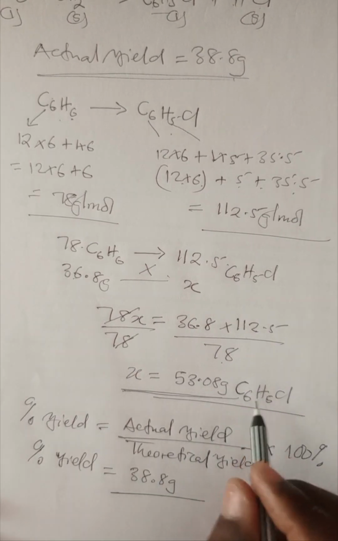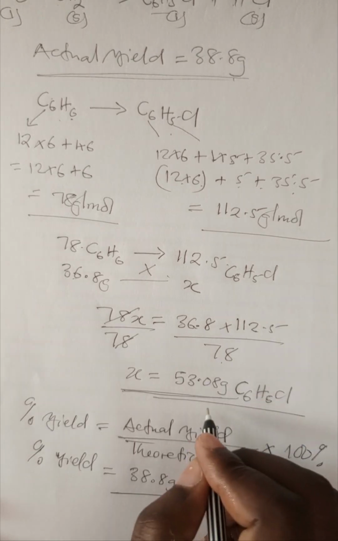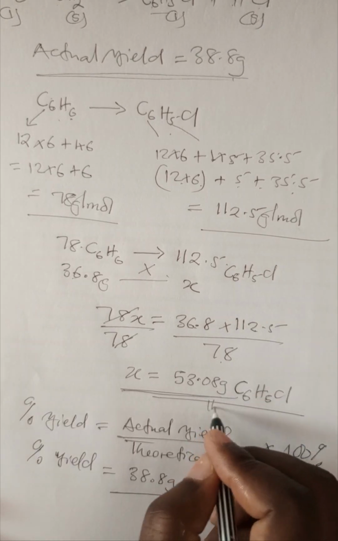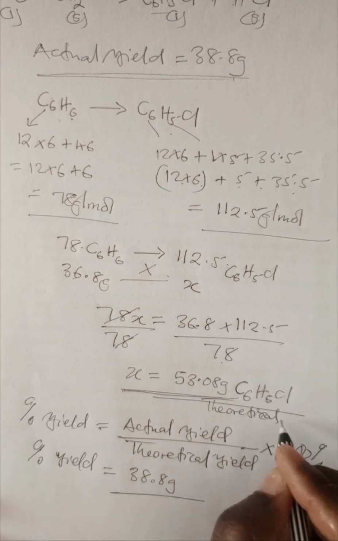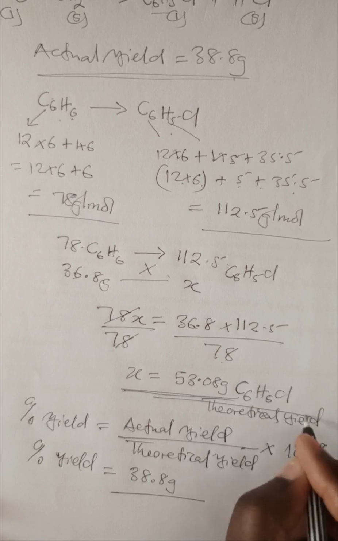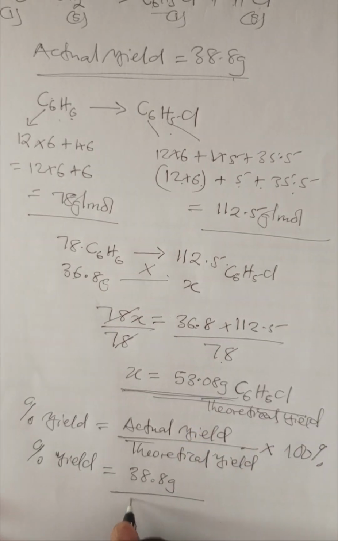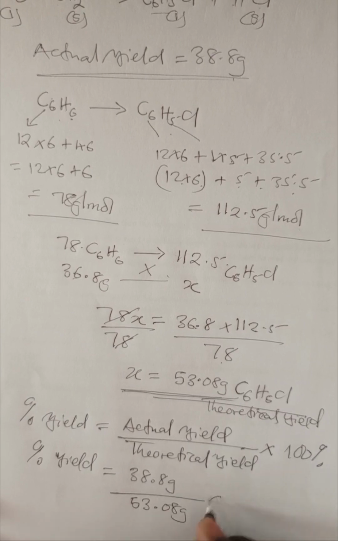The theoretical yield is this one, which you're calculating from the chemical equation, which is balanced. So you pick this, 53.08 grams multiplied by 100%.